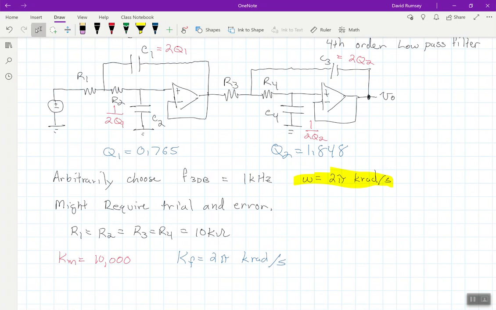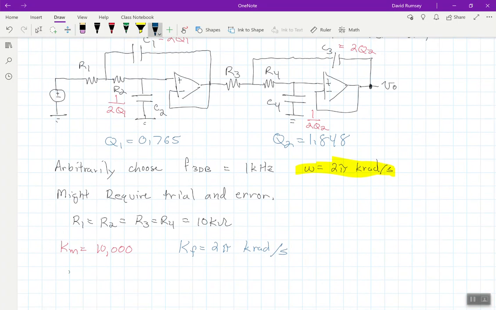And now to get C1, C1 would be 2Q, so it's 2 times 0.765, but then I have to scale it by the appropriate factors, and with capacitors, we divide by both scaling factors, so it's divided by 10,000 times 2 pi kilorad per second. If I do that, let's see what we get.